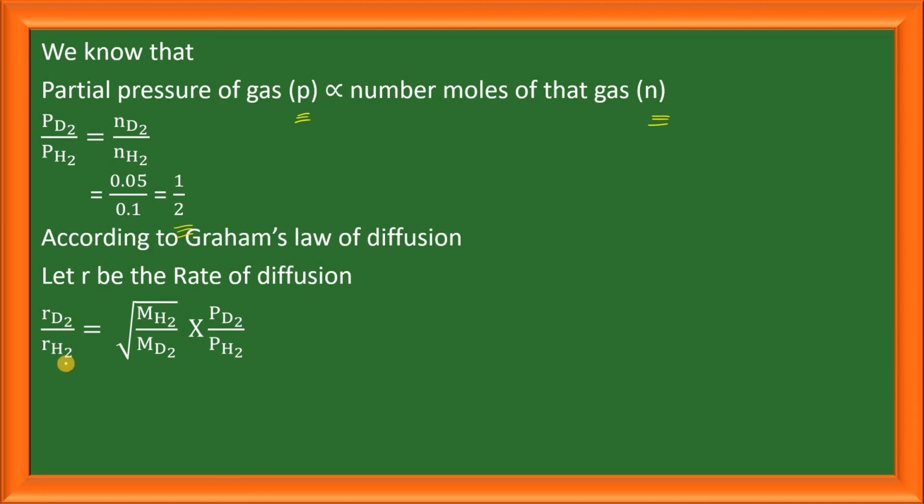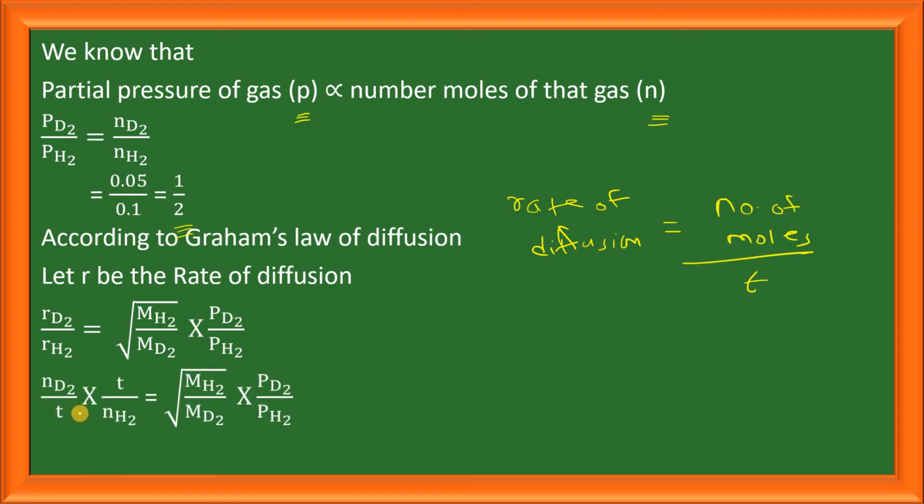Rate of diffusion of D2 upon rate of diffusion of H2 is equal to root of molecular mass of H2 by molecular mass of D2, into partial pressure of D2 by partial pressure of H2. The rate of diffusion is the number of moles of that gas diffused per time. So we get number of moles of D2 upon time, and in the denominator it will be inverted, time upon number of moles of H2. The diffusion is for the same time, so this T and this T will get cancelled.